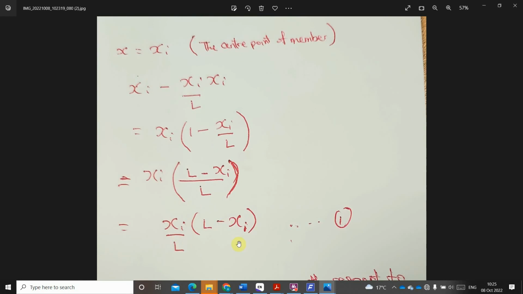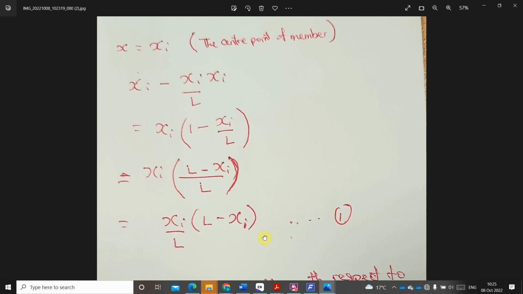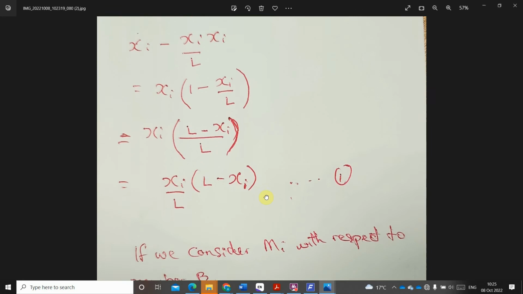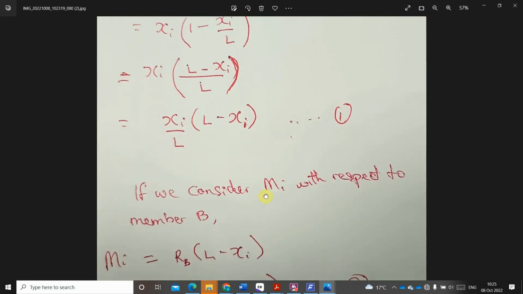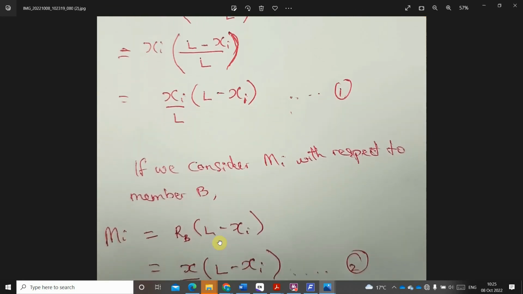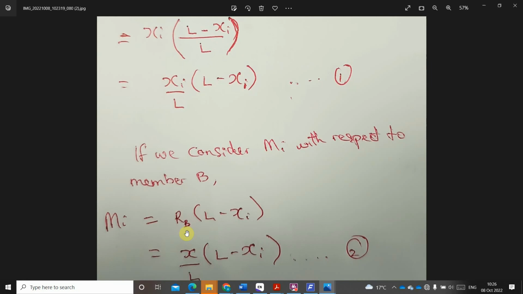Now looking at this formula, let's say this is equation 1, and that is with respect to our moment when we are considering reaction at A. Now let us look at it when we consider reaction at B. That is, if we consider moments with respect to member B, we already know that member B is from L to Xi.